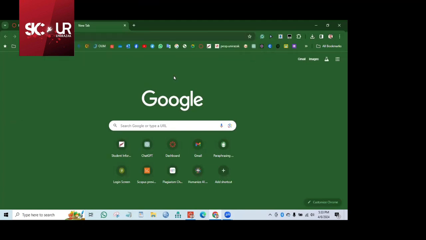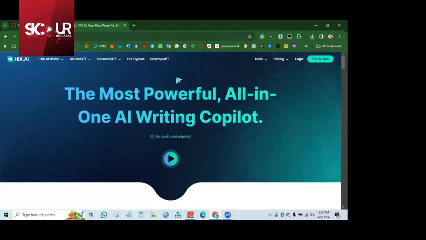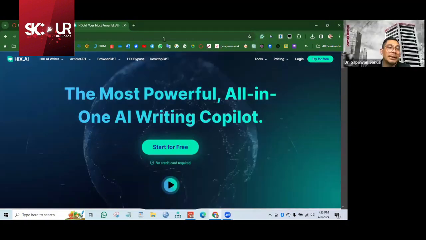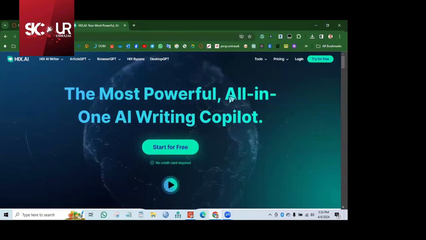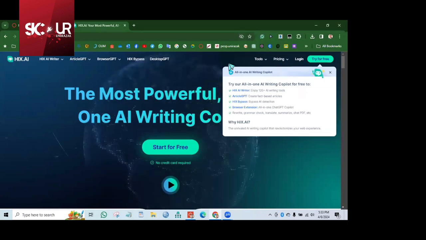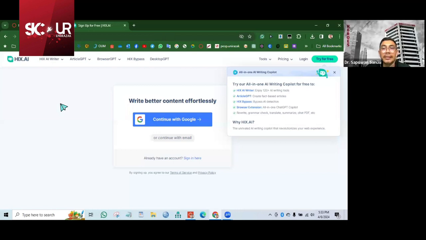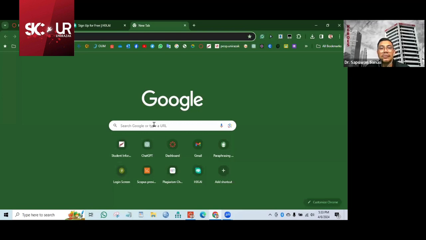As long as the AI is not 100% or 80%, it should be fine. There are 3 AI tools I encourage, not more than 20. Some are free, but the free ones are sometimes not very accurate. Hix. There is one more.